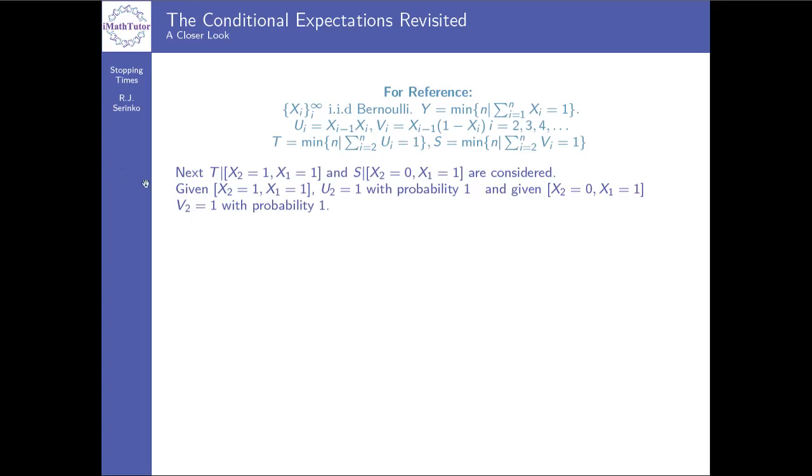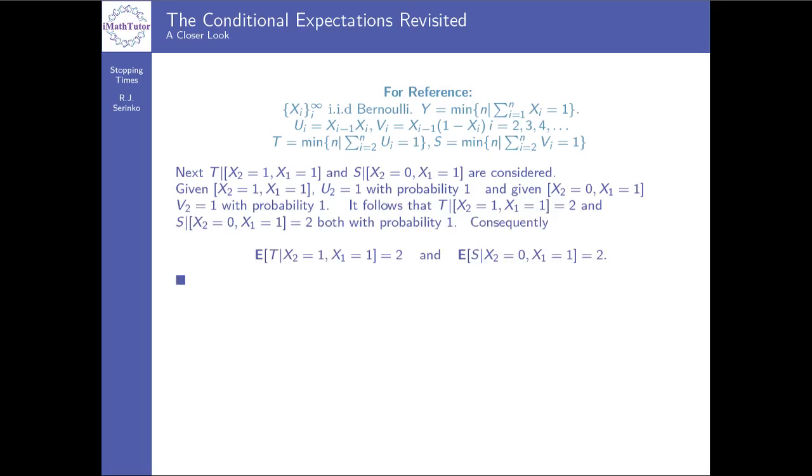These are the situations where the first two tosses are heads, and where the first toss is a head and the second is a tail. It follows that t given x2 equals 1 and x1 equals 1 is 2, and s given x2 equals 0 and x1 equals 1 equals 2, both with probability 1, and consequently these conditional expectations are both equal to 2.